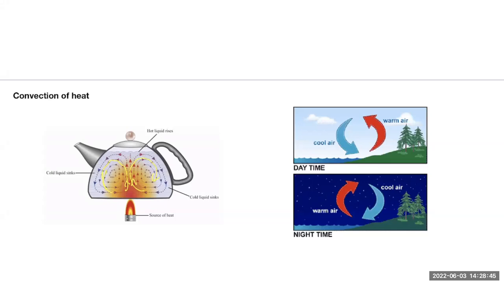So this mode of heat transfer involves actual motion of particles, in this case, water. So this can only happen in a fluid such as gas or liquid. It cannot happen in a solid. And convection plays a major role in weather patterns.